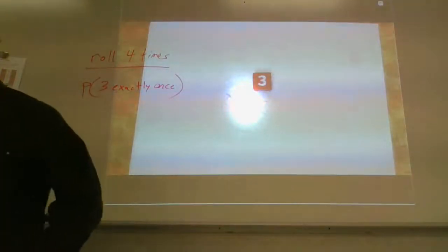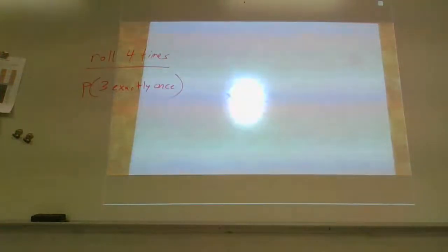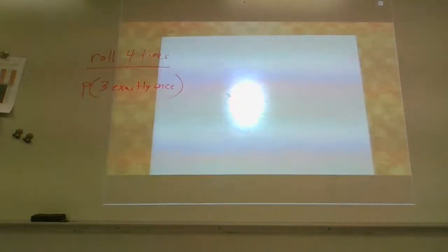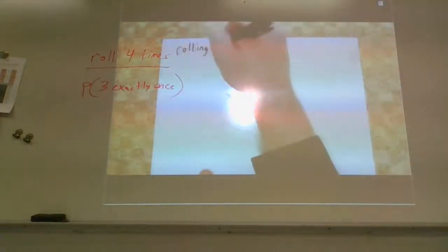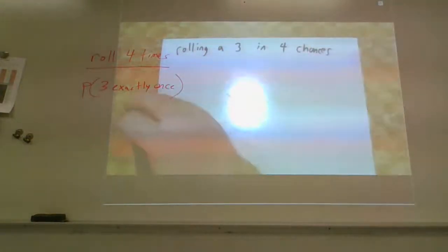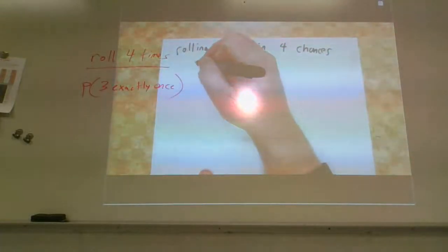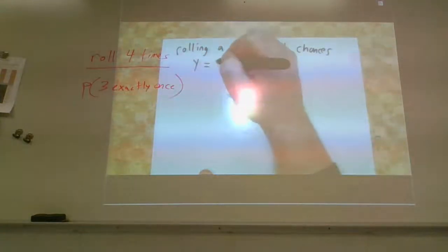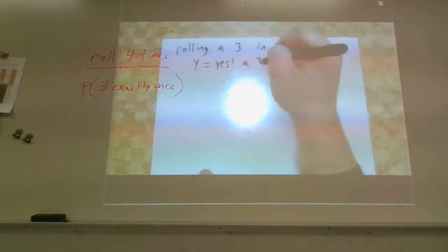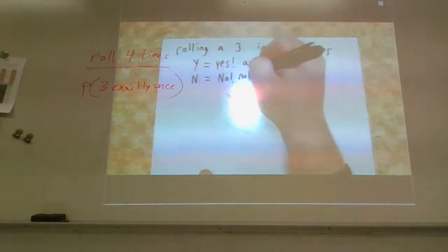Cool. But now I'm going to roll it 4 times, and I want to know the chances of getting a 3 exactly once. Let me do something here. So, rolling a 3 in 4 chances. I'm going to put a Y for yes, a 3, and an N for no, not a 3.